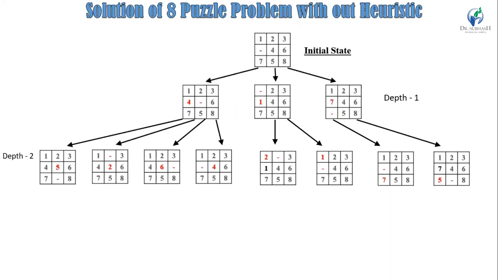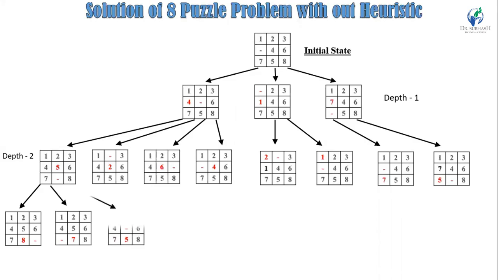Now we further expand our move for the left side. Here we have three legal moves. The first move is right side, so we replace 8 and the empty space. The second move is left side, so we replace 7 and the empty space.